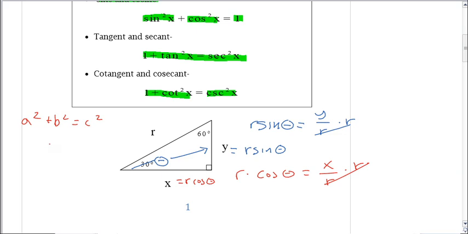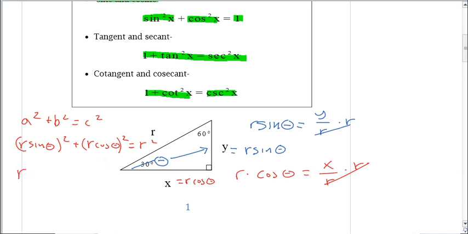So let's say that I have a squared, which is going to be r sine theta, and I'm going to square it, plus b, which is r cosine theta, and I'm going to square it, is equal to r squared. Okay, so very good shape.